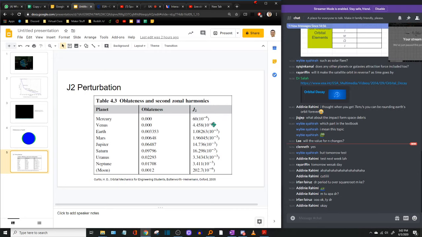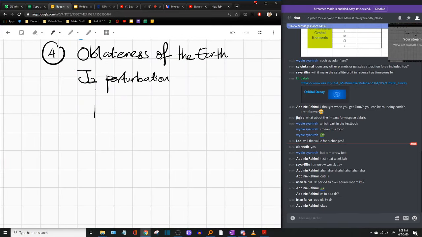But let's not look at other planets. Look at our Earth. Our J2 value is 1.08263 times 10 to the negative 3. So this is the value of J2.